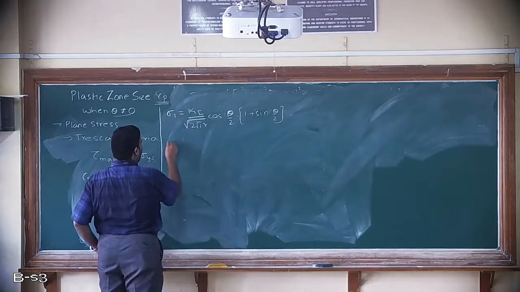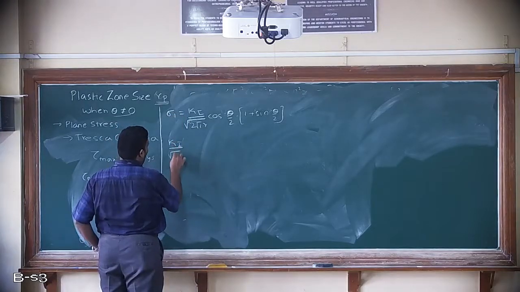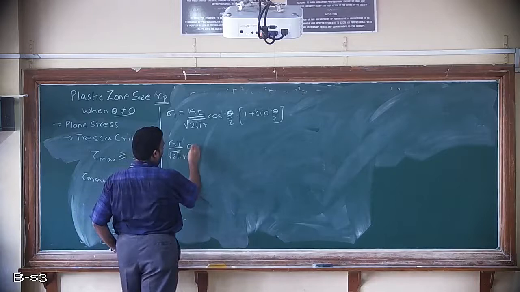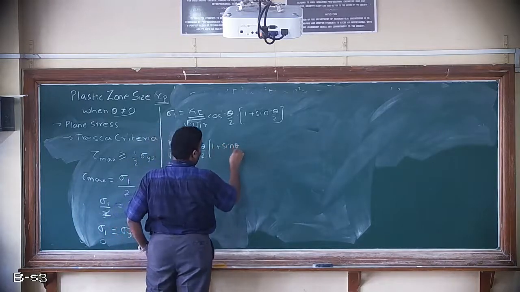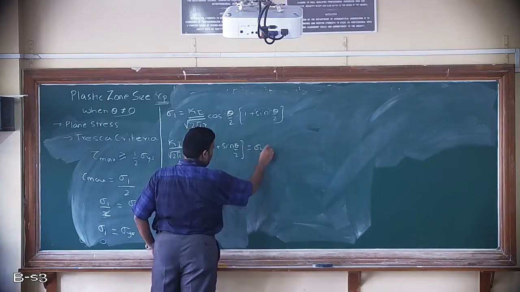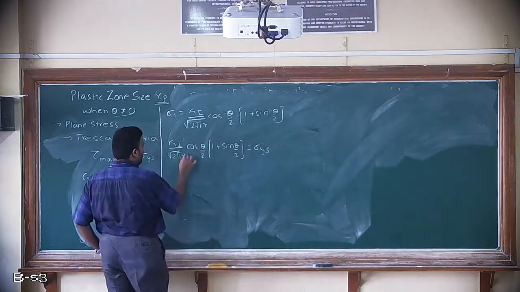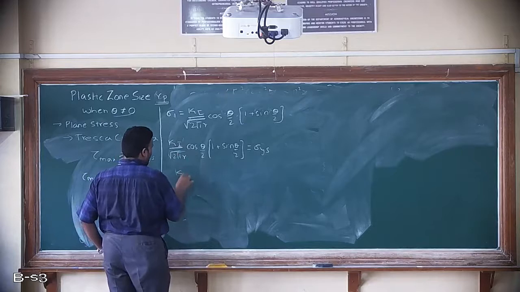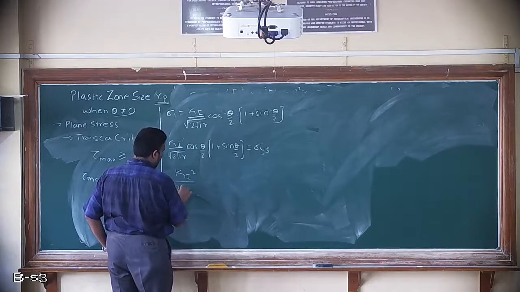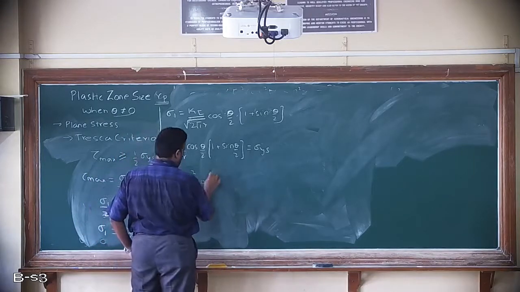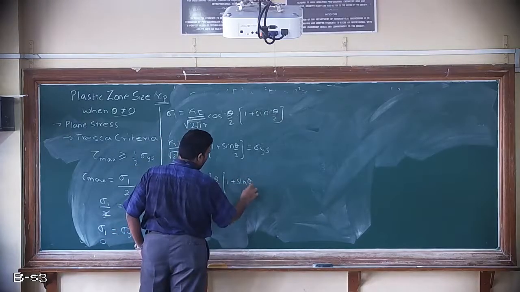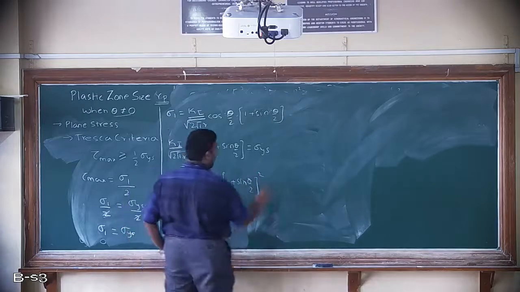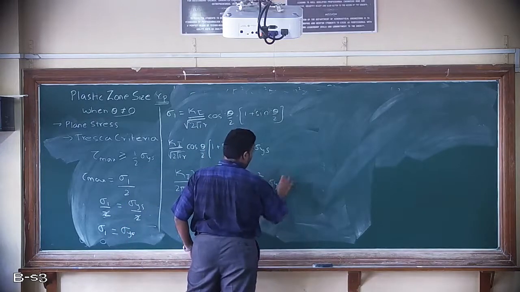So I can write KI upon root of 2 pi r into cos theta by 2 into 1 plus sin theta by 2 will be equal to sigma ys. Now I'll square it because r is in the term of root. So I can write this as KI square upon 2 pi r into cos square theta by 2 into 1 plus sin theta by 2 the whole square will be equal to sigma ys square.